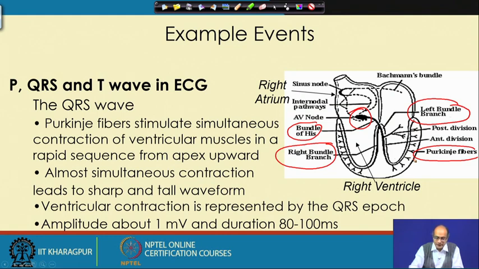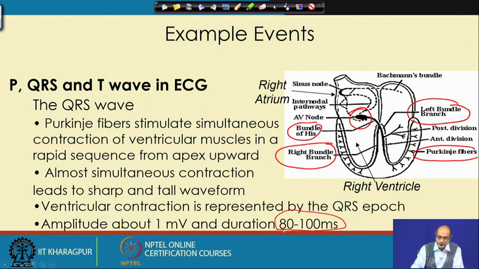So, this simultaneous contraction gives rise to a huge pressure, and the corresponding signal comes as the QRS complex, which is a very sharp and tall waveform, and it has a duration of 80 to 100 milliseconds.